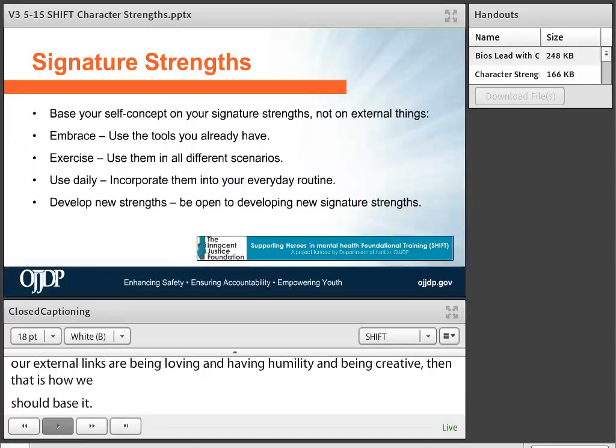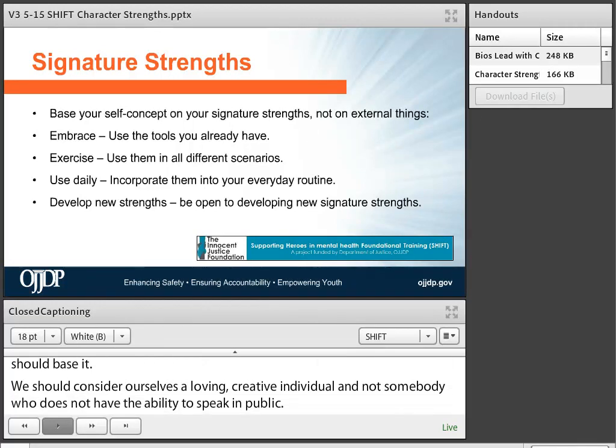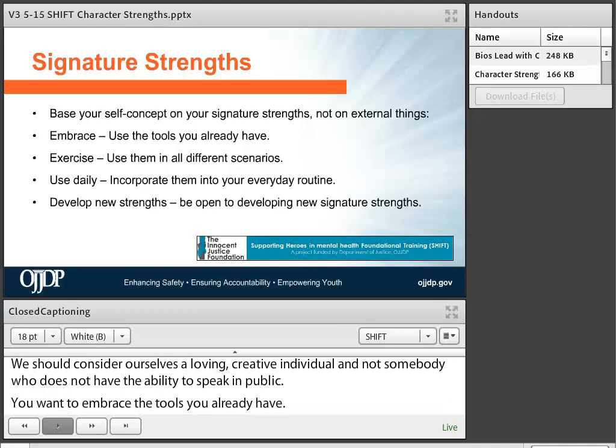So if one of my tools is creativity, I really need to use that and think every time a problem comes up, how do I use my creativity to solve that problem instead of getting stuck in the old rut of I can't, I'm not good enough, it won't succeed. And then use them in all different scenarios.